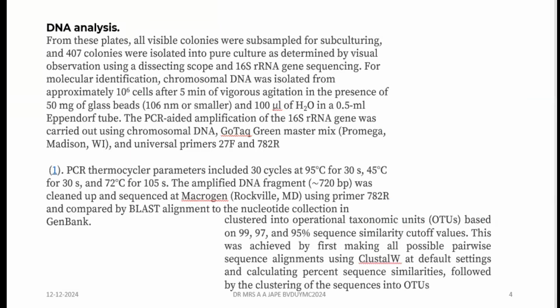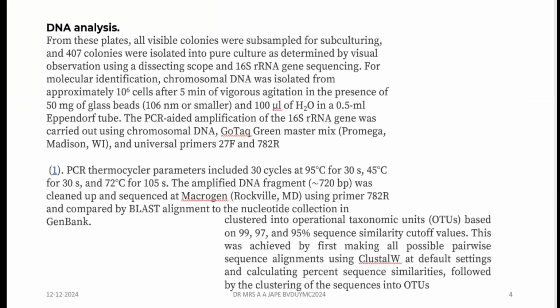Now, generally when we go for isolation, another thing that we do these days is DNA isolation. We do it of the isolates, and then we go for 16S rRNA sequencing of the chromosomal DNA that is isolated from these bacterial cells.